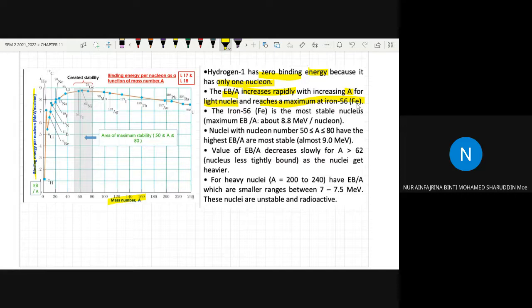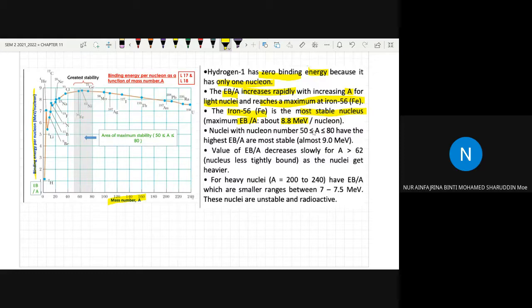So if you want to know which one is the most stable, the most stable is iron. Why iron? Iron 56 is the most stable nucleus because its binding energy per nucleon is about 8.8 mega electron volt. Okay, mega electron volt per nucleon, sorry.